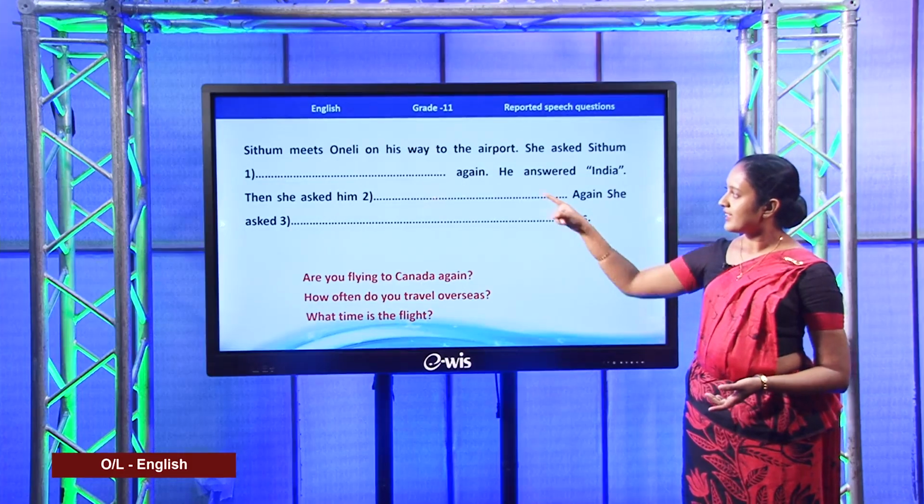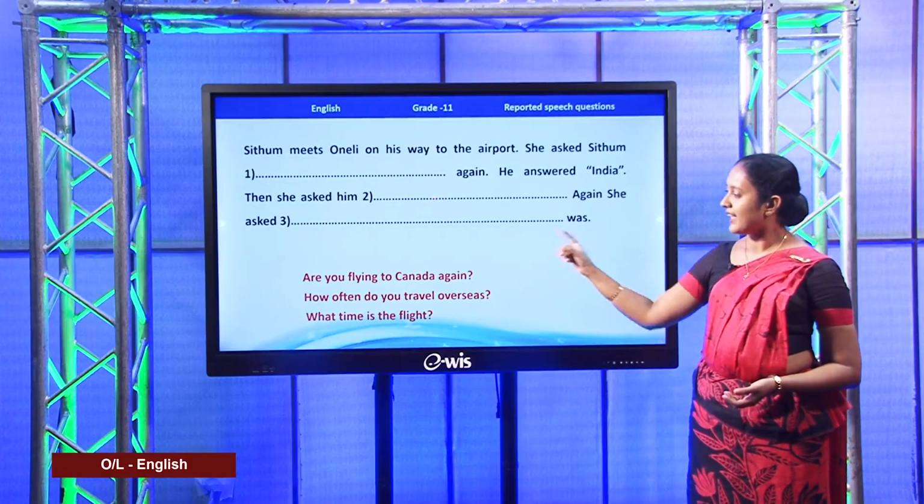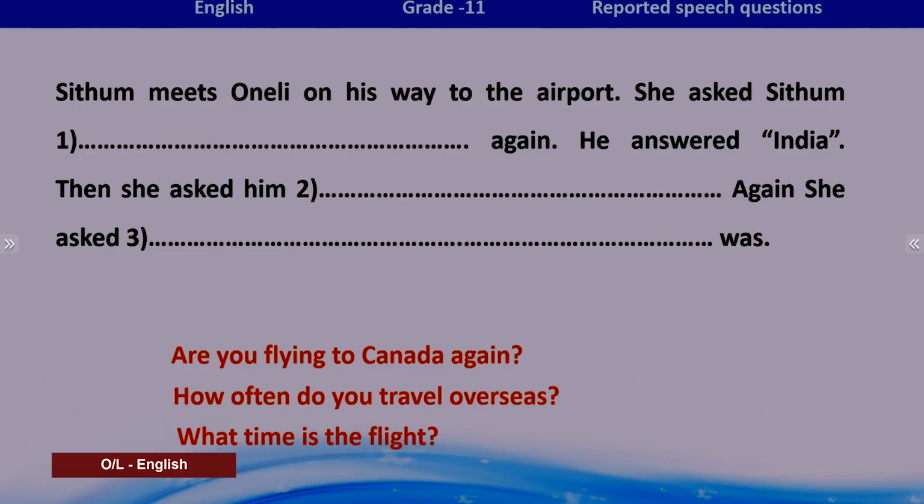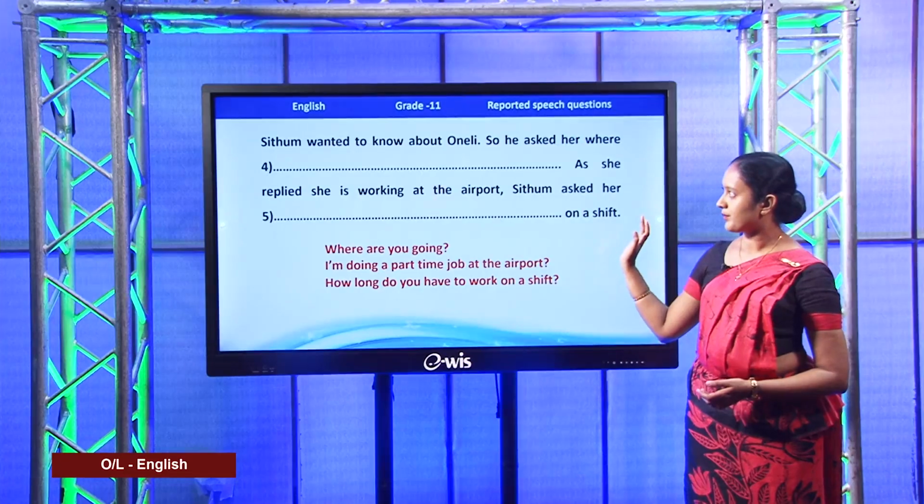So, here there are 3 blanks and I have given you the questions relevant to those blanks. Situm meets Oneli on his way to the airport. She asked Situm, number 1 blank, again. He answered India. Then she asked him, number 2 blank. Again she asked, number 3 blank, was. These are the relevant questions you have to focus on.